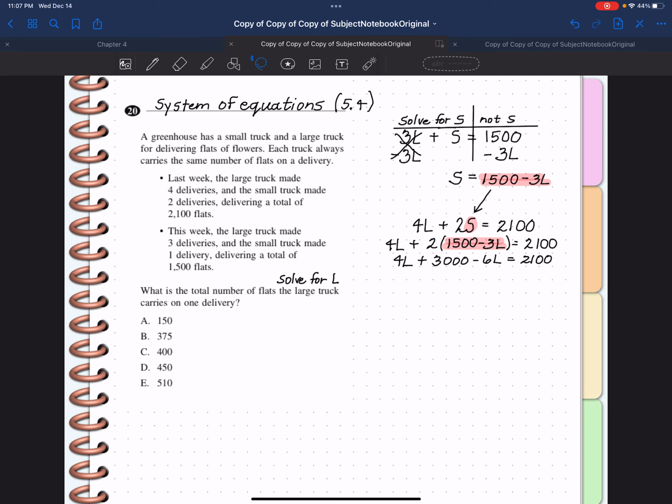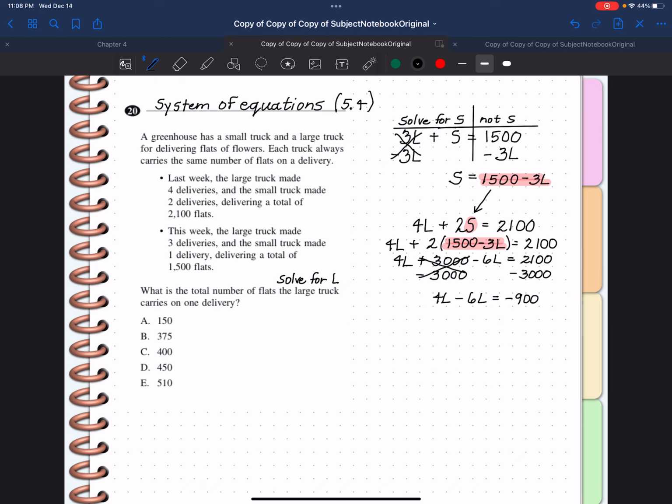And to do that, I'm going to go ahead and move my 3,000 over to the other side. And don't panic because there is a negative there. So I'm left with 4L minus 6L equals 2,100 minus 3,000. That's negative 900.